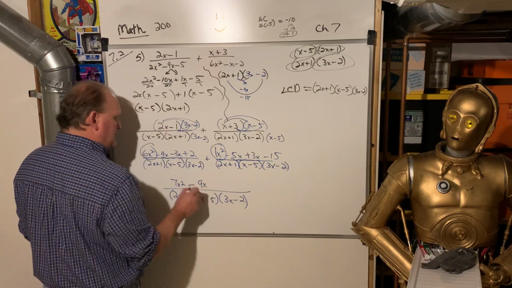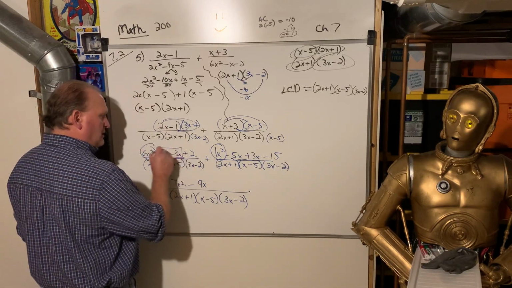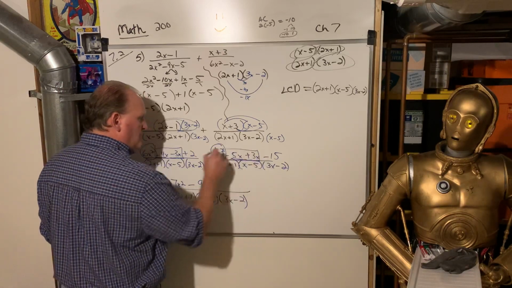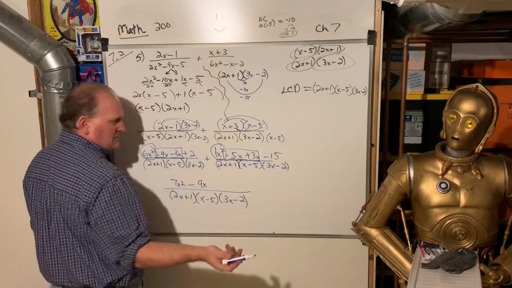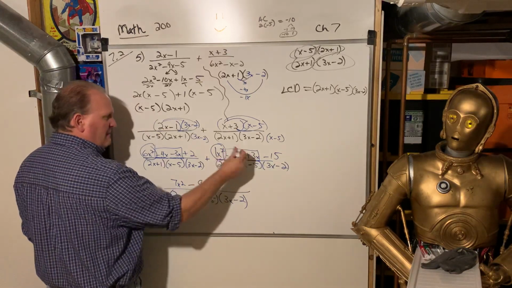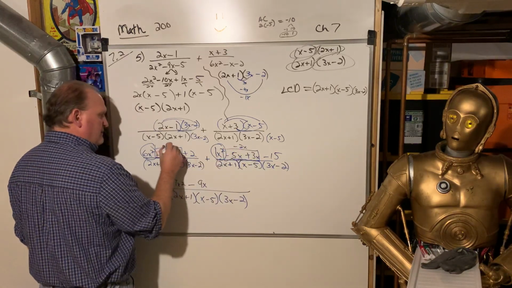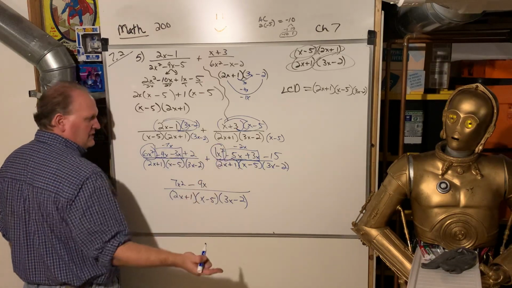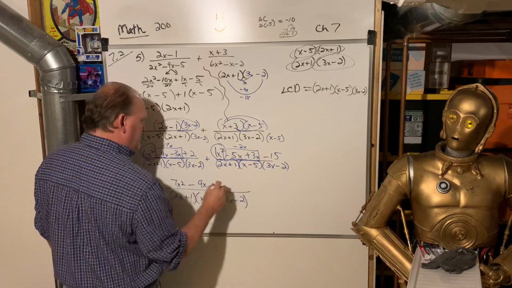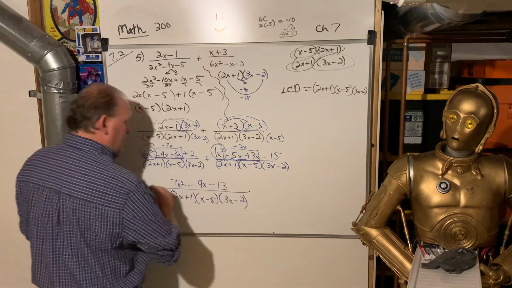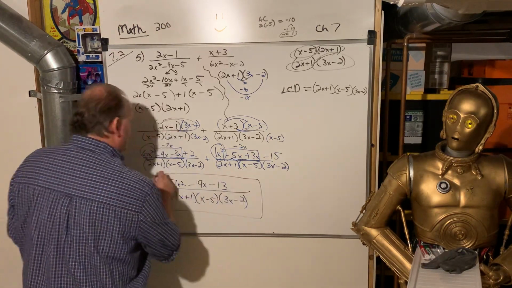So I added up all the x values all in one shot. You could do it separately, -7 and -2, also -9 if you wanted to combine them here and combine them there, and then just add those two together. Same difference. +2 and -15 is -13. And that is prime. That is the answer.